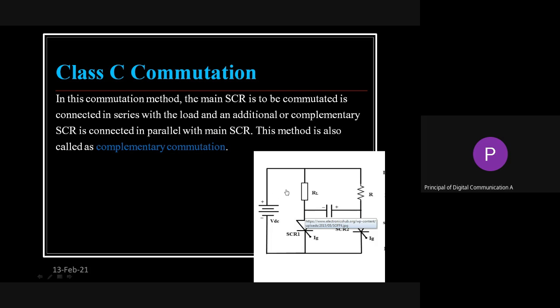So this is the one loop through which the current is going to flow. And another one, that is E plus, and this R, SCR2 is off right now, so through this capacitor, through this SCR to the negative of this supply. So this is the second loop through which the current is going to flow.